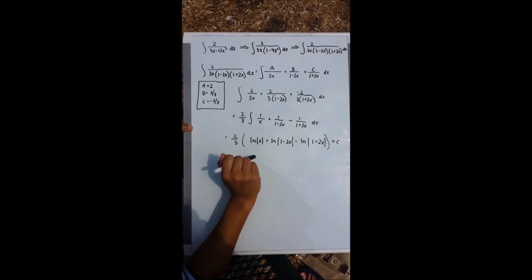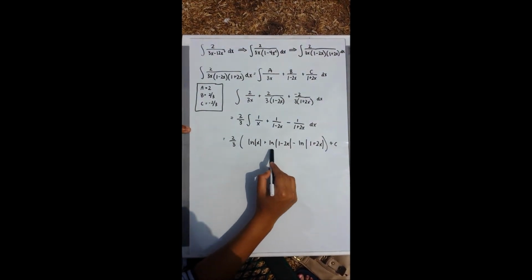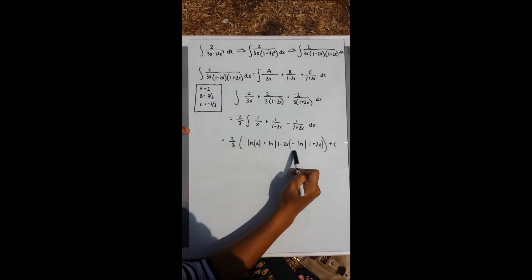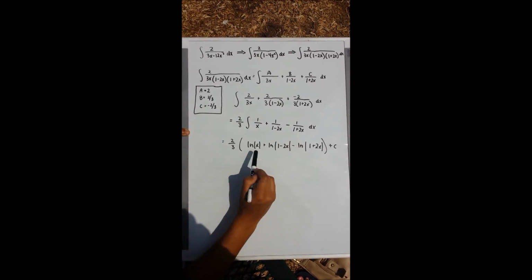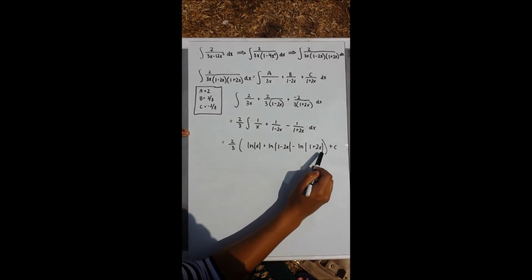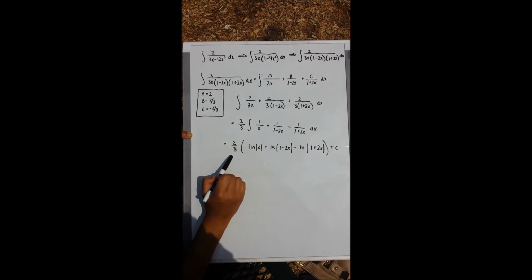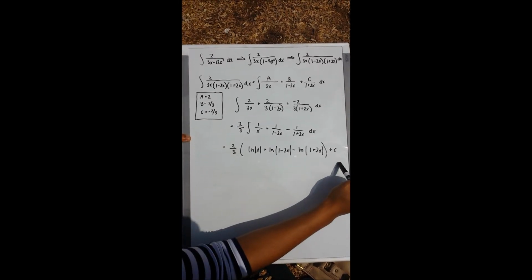So from here, if you want, you have to remember that when you add natural logs, you're multiplying what's inside, and when you subtract natural logs, you divide what's inside. So that would be the natural log of x times 1 minus 2x divided by 1 plus 2x. And that would all be the absolute value times 2/3 plus c. But this would be the answer given to you on your AP exam.